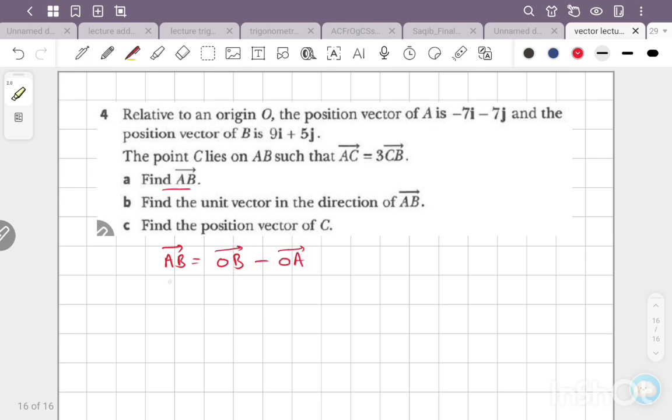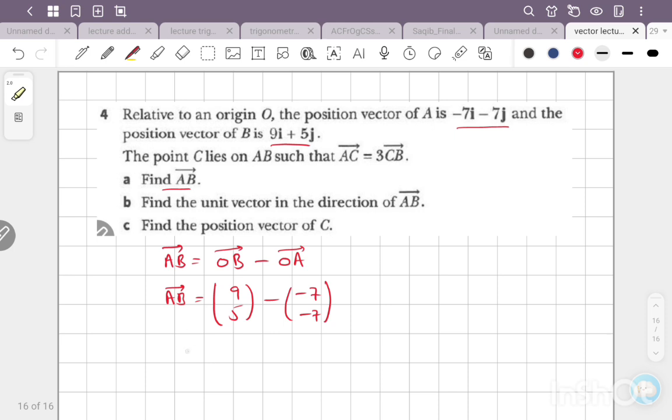Okay, now AB. What is the value of OB? OB value is 9 and 5 here, this value. Minus OA. What is the OA? This value is minus 7i minus 7j.